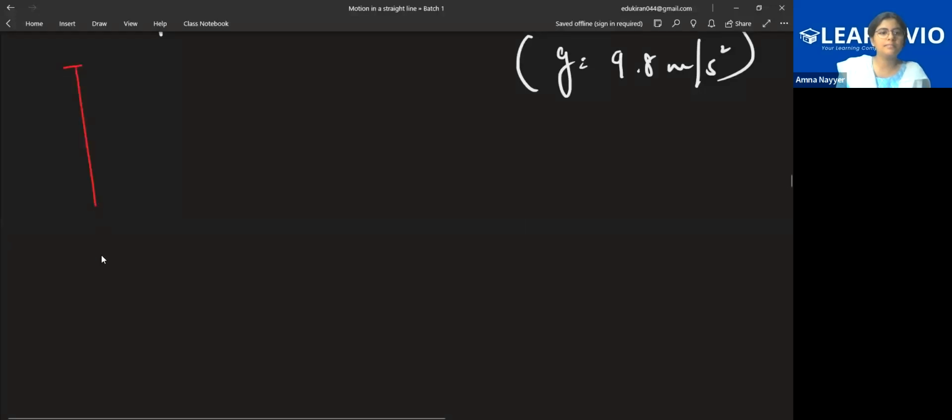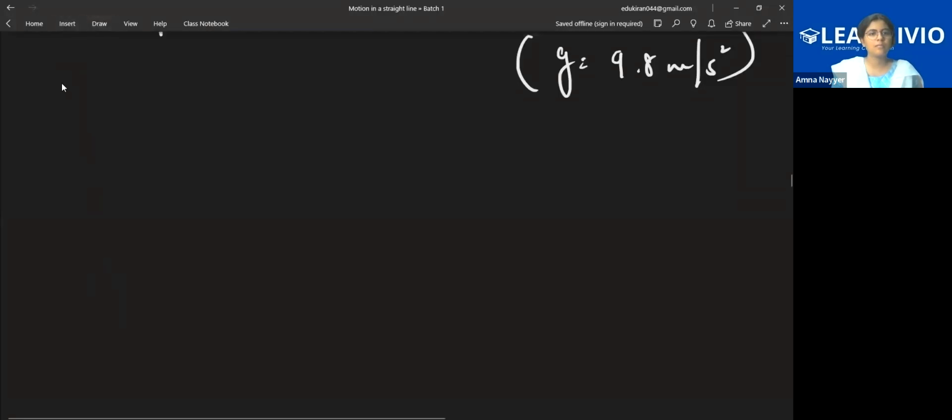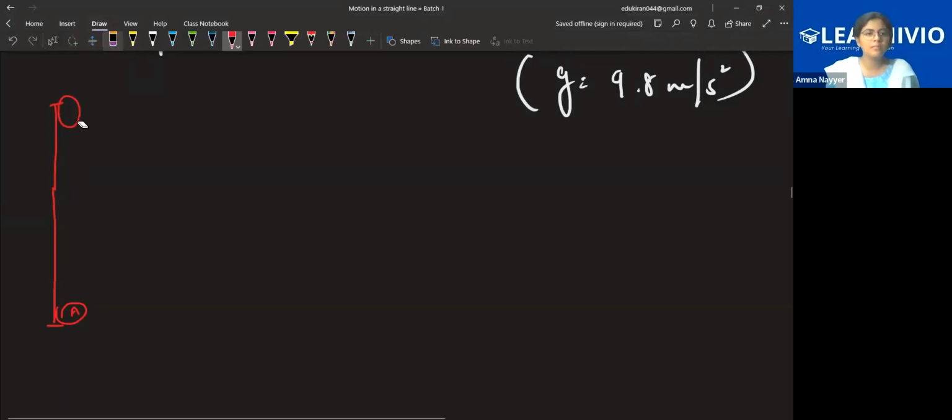See, there is one ball here and there is one ball here. This is A. A is being thrown vertically upwards.